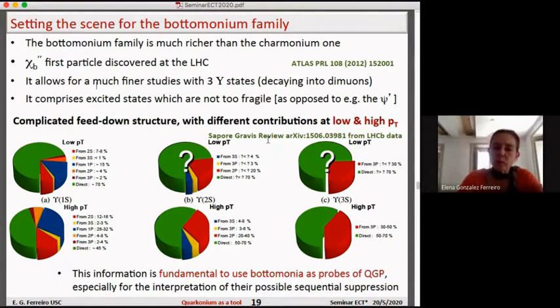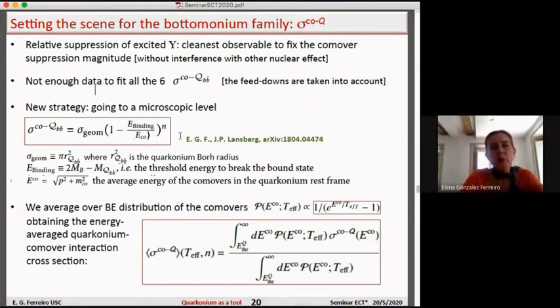So we introduced an approach that was going to be more microscopic, by taking an interaction cross section that depends on the geometrical one. The geometrical one just corresponds to what you can obtain with the quarkonium Bohr radius of the state, by solving the Schrödinger equation with the potential.